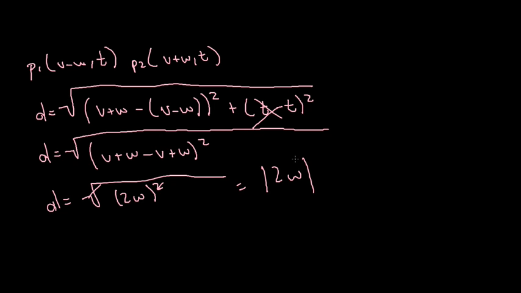The reason this is an absolute value is because we don't know what w is. It's a distance, so it needs to be positive, but w could be 10, it could be minus 10. If it's minus 10, if we didn't have the absolute value, we would have minus 20, which is an impossible distance. So that's why we have the absolute value sign.